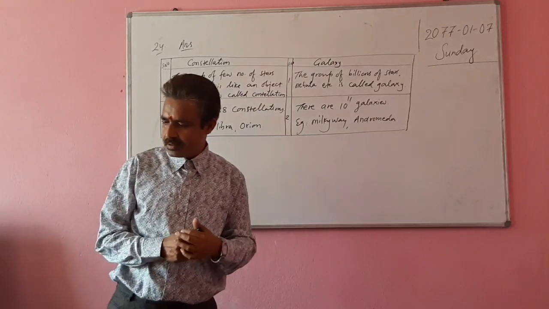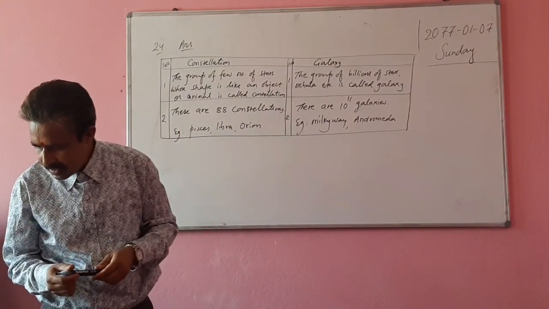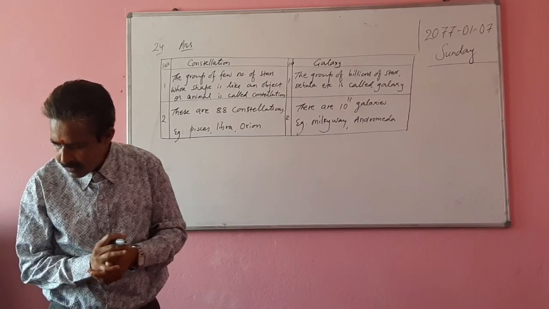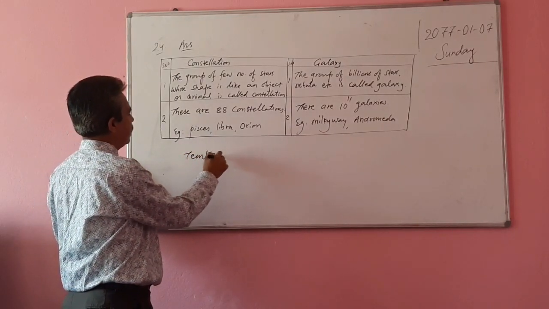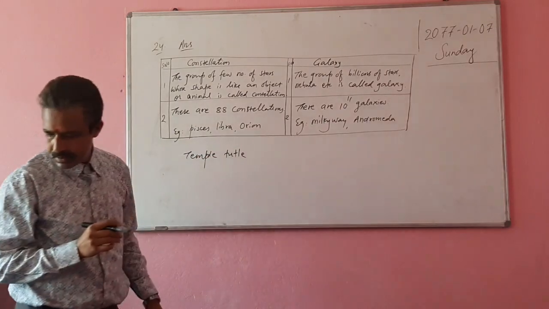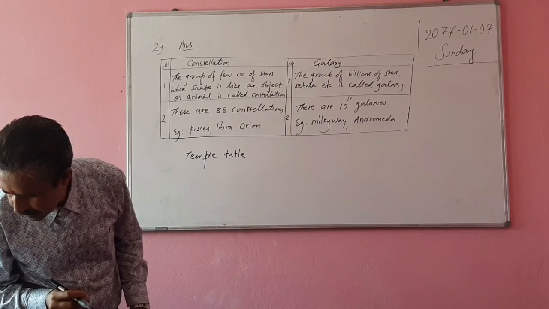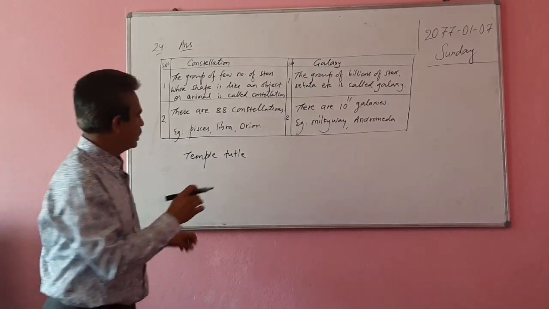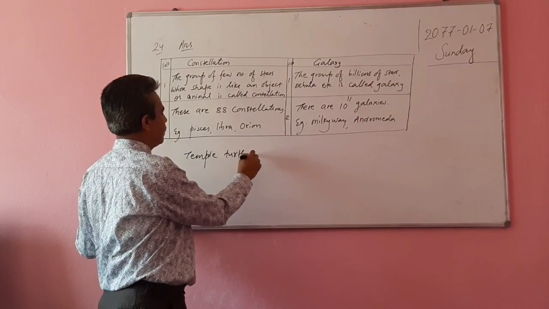Now the last portion: we have to identify these heavenly bodies as satellite, constellation, asteroid or comet. Tempel-Tuttle, let me write here. T-E-M-P-E-L, Tuttle.